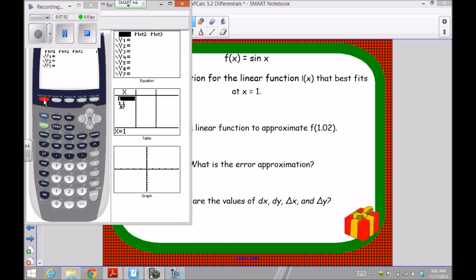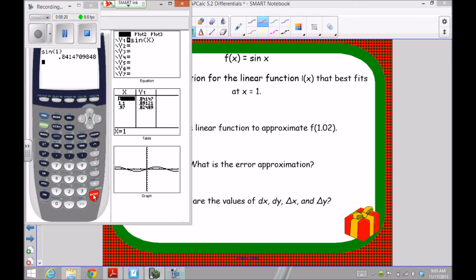Okay, so let's go to y equals, and let's put in our sine x. Then I want to go to my home screen, so let me do second quit and do sine at 1 so that I have that value. 0.8415 more or less.